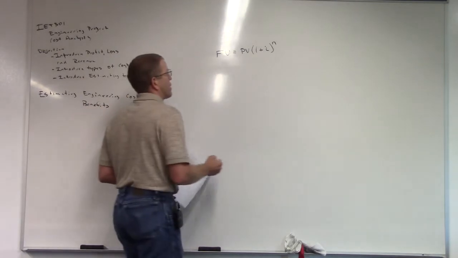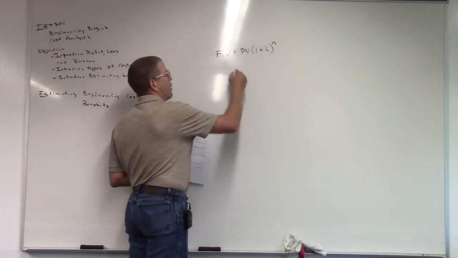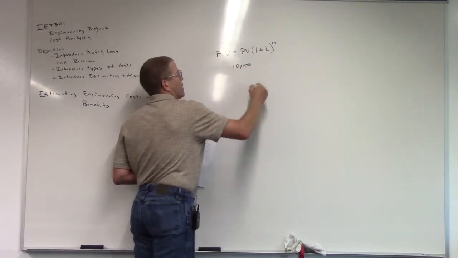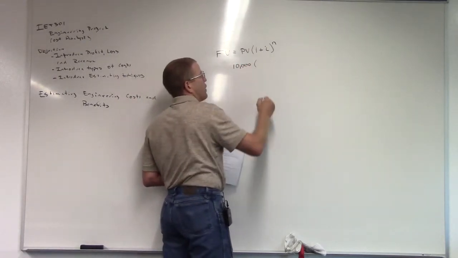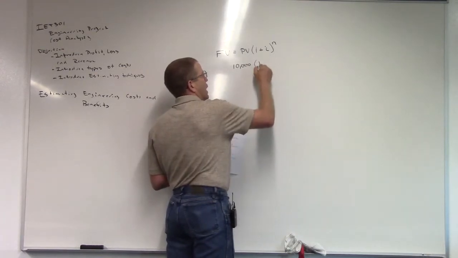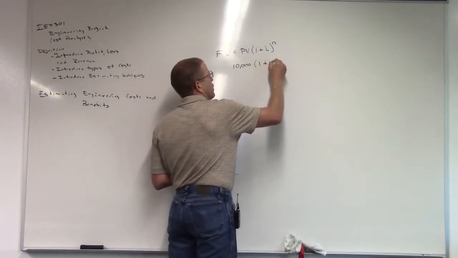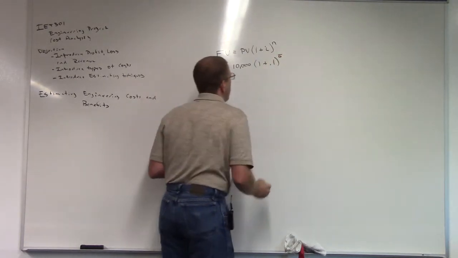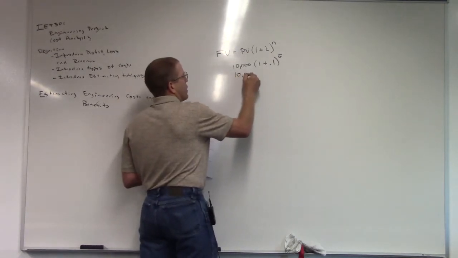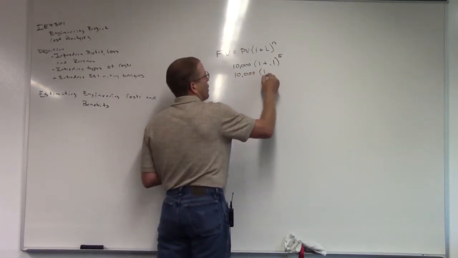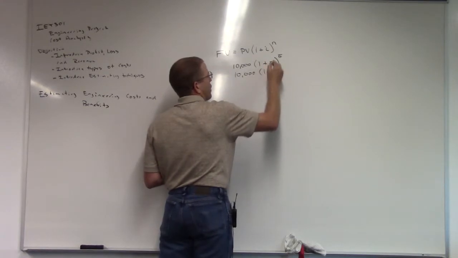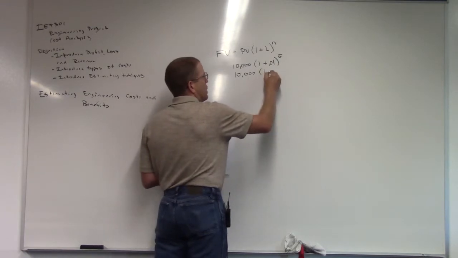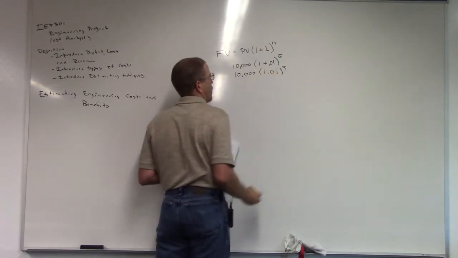A good example of this is, let's say that we want to determine the future value of $10,000 that is put into an interest bearing account at 1% interest and left in there for 5 years. What we would say then is that we have $10,000 times, that should be 0.01. We know that 1% interest is the same as 0.01 as a decimal. So 1.01 raised to the 5th power.